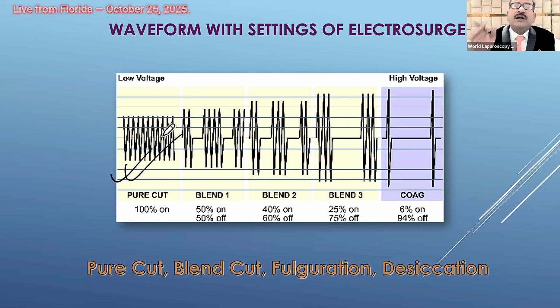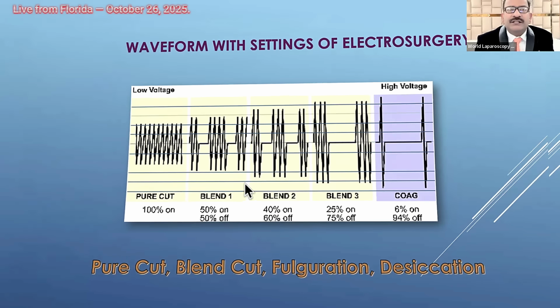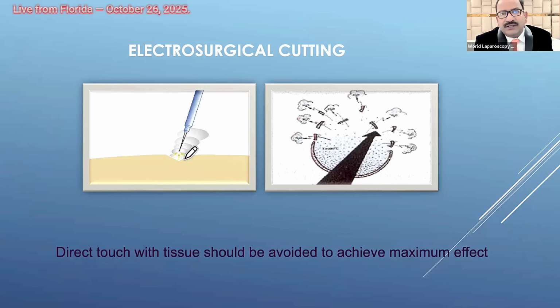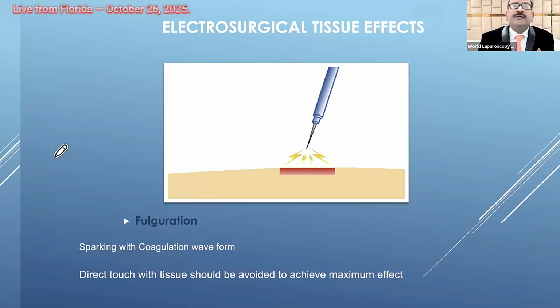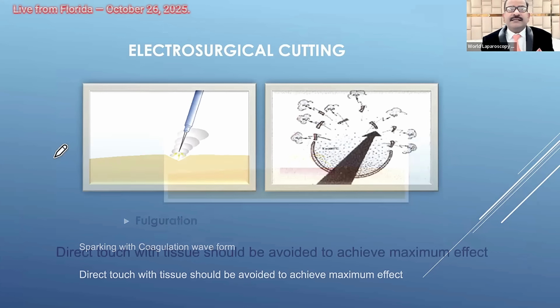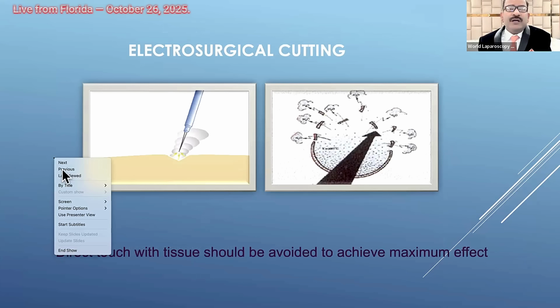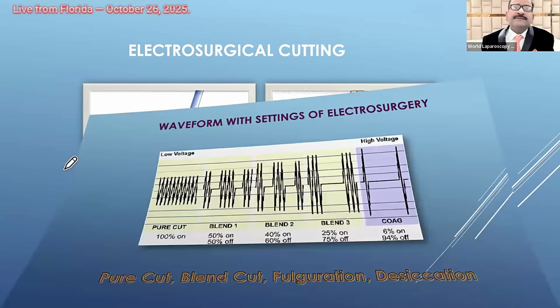In pure cut, the tissue which is touched is evaporated, but the tissue which is untouched is healthy. So when you suture it, it will heal without fibrosis, with good healing. It will not have a stricture. That's why it is necessary to use pure cut in those cases.